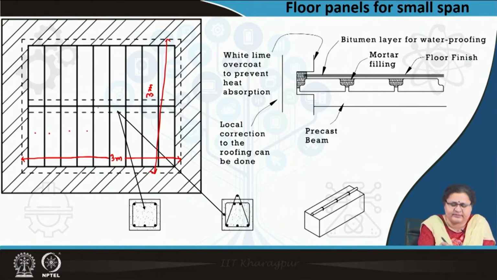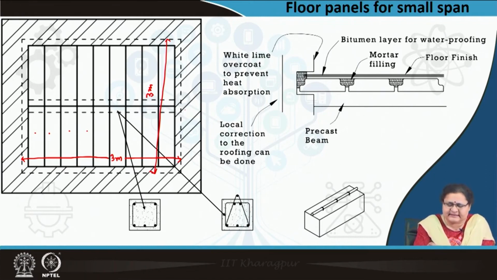This supporting beam rests between the two walls, and the floor slab rests on one side on the wall groove, on the other side on the wall groove, and the other end rests on the beam, as you had seen in the previous slide.